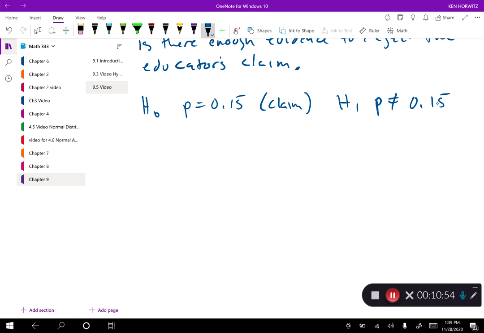All right, now for my critical value, I'm just going to use CV as my abbreviation for critical value. Now, here's the thing. Very similar to the last problem, except alpha is different. So alpha equals 0.05, and it's a two-tailed test.